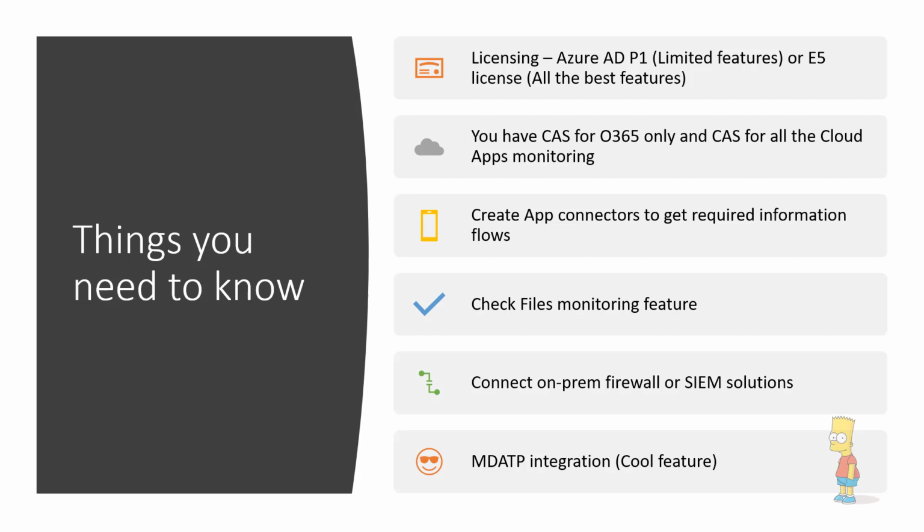In a nutshell, regardless of the user's location, as long as they use corporate-issued Windows 10 PCs or end devices, we can connect to those devices using the ATP agent, which comes by default with Defender, and then get that telemetry data into Cloud App Security, which is very cool.